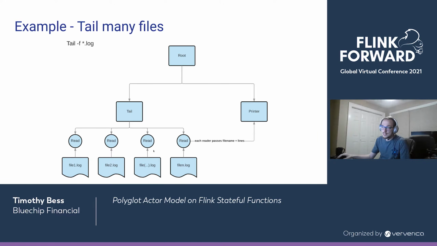If one of them dies, the tail actor has a chance to respond to it and say, okay, we'll retry a few times, back off, do whatever we need to do, right? But it doesn't actually affect any of the other running parts of the system. So this reader would be unaffected by a failure in this one.